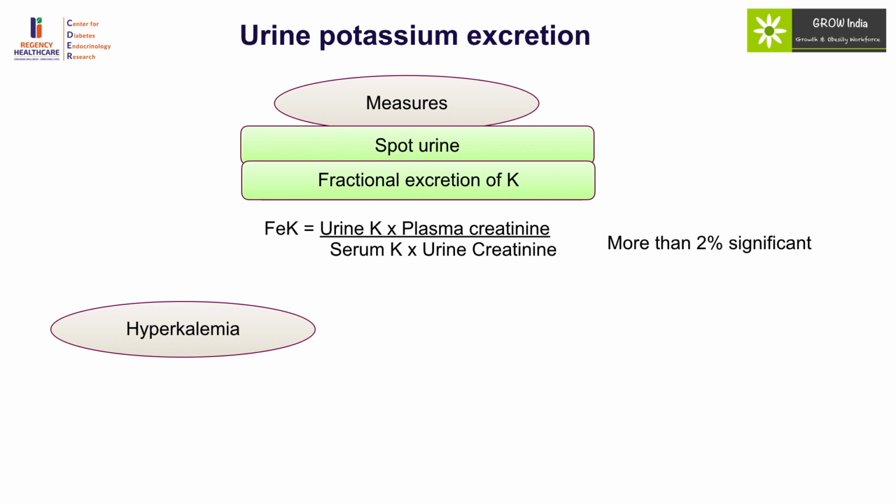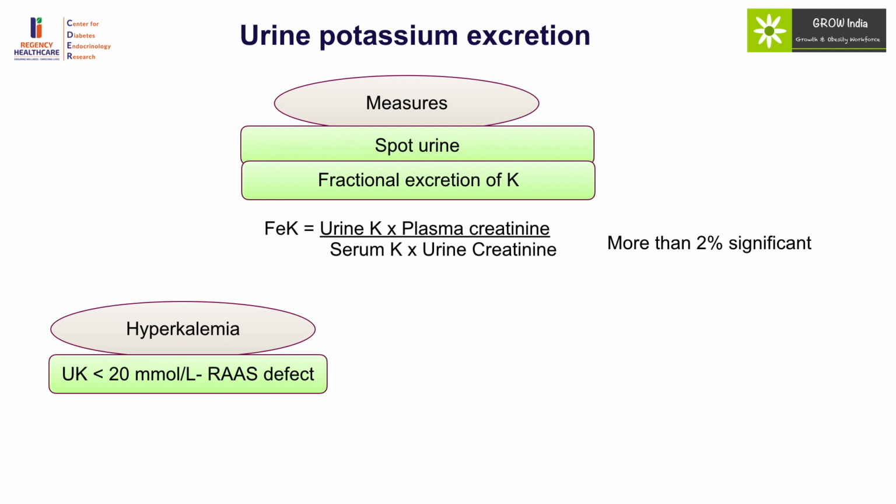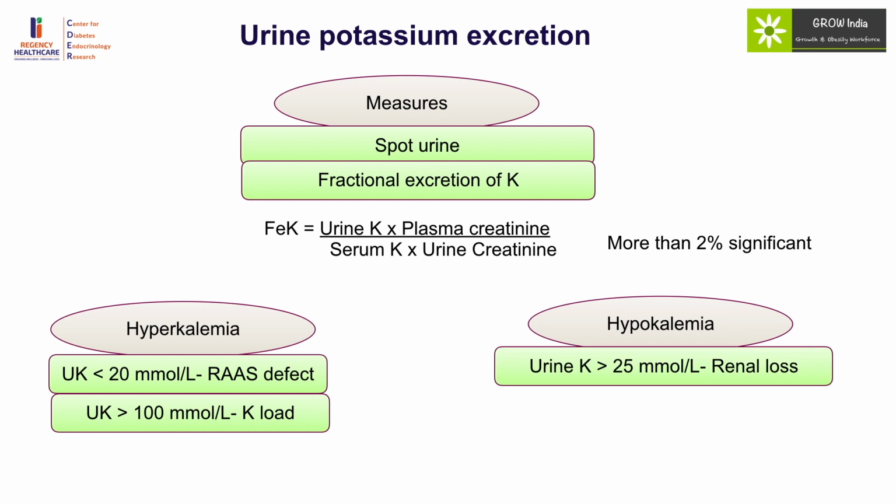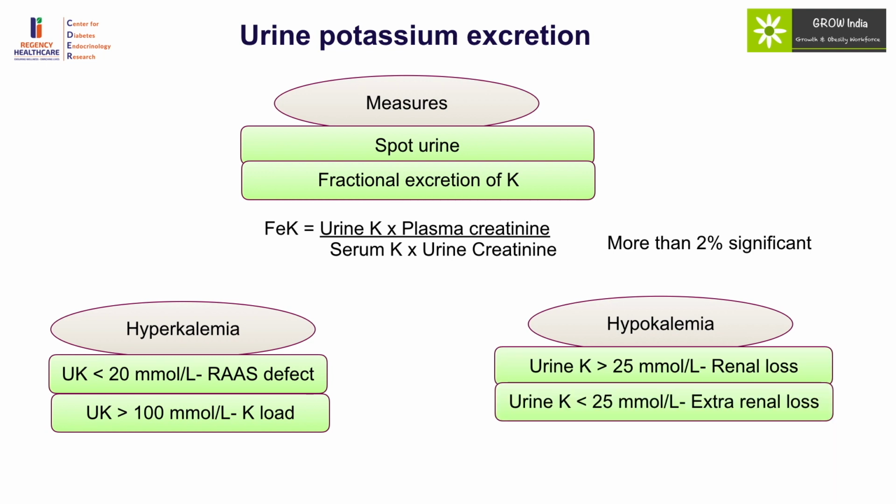In the setting of hyperkalemia, one would expect the urinary potassium to be high, and if the urinary potassium is less than 20, it indicates a renin-angiotensin-aldosterone system defect, while in potassium load the levels are extremely high, beyond 100. In hypokalemia, again one would expect the urinary potassium levels to be low, but if they are more than 25, it means that there is a renal loss, while levels less than 25 are indicative of extrarenal loss.